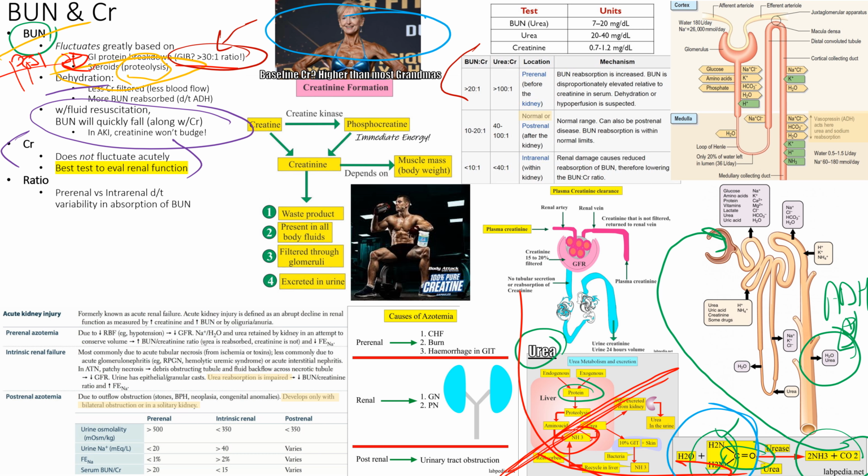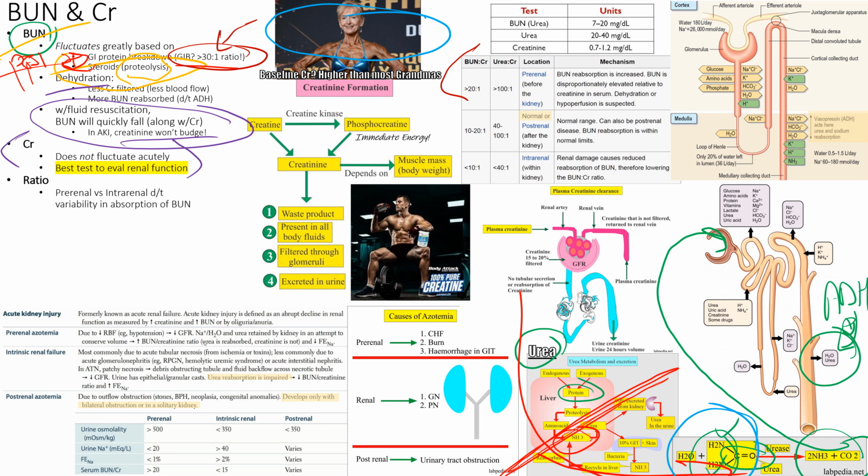So in AKI, if their creatinine is 4.2 and the BUN is 56, you're like, oh shoot, they have a pre-renal AKI, and then we've got to start dialysis and do X, Y, and Z. So then you give fluids, and bam, the next day the creatinine is 1.1 and the BUN has come down to 22. It was just fluids. That was the only reason their numbers were high, because they were concentrated.